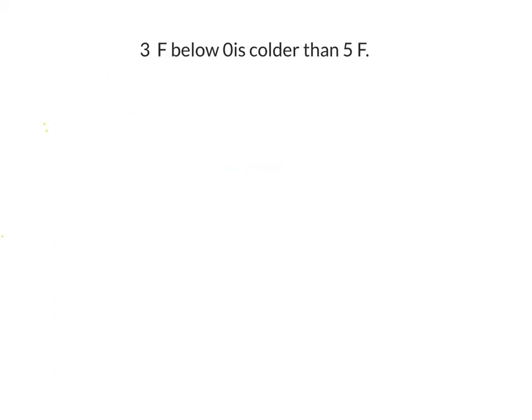Okay, for problem 2, it says 3 degrees Fahrenheit below 0 is colder than 5 degrees Fahrenheit. So we have 3 degrees below, would be like this, is colder than 5 degrees. Okay, we have negative and we have a positive, so we know that it would go like this. Negative 3 degrees Fahrenheit is less than 5 degrees.